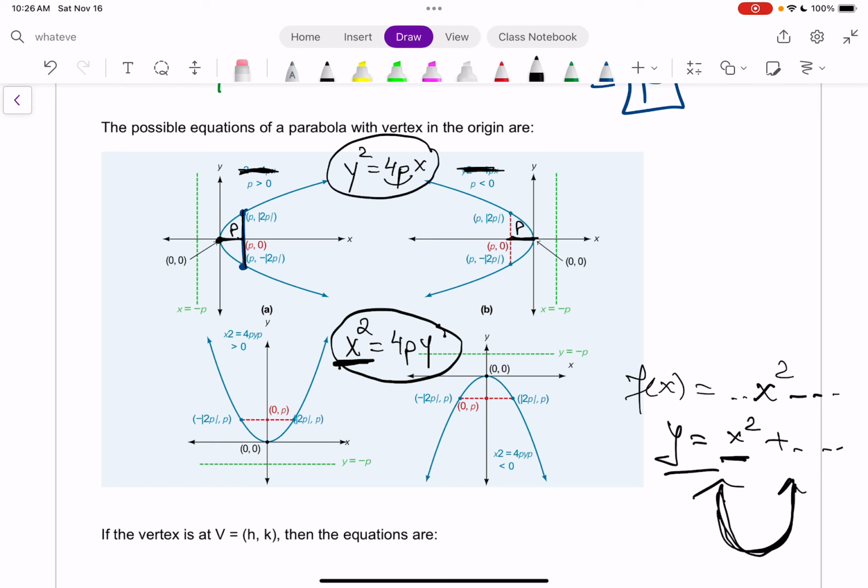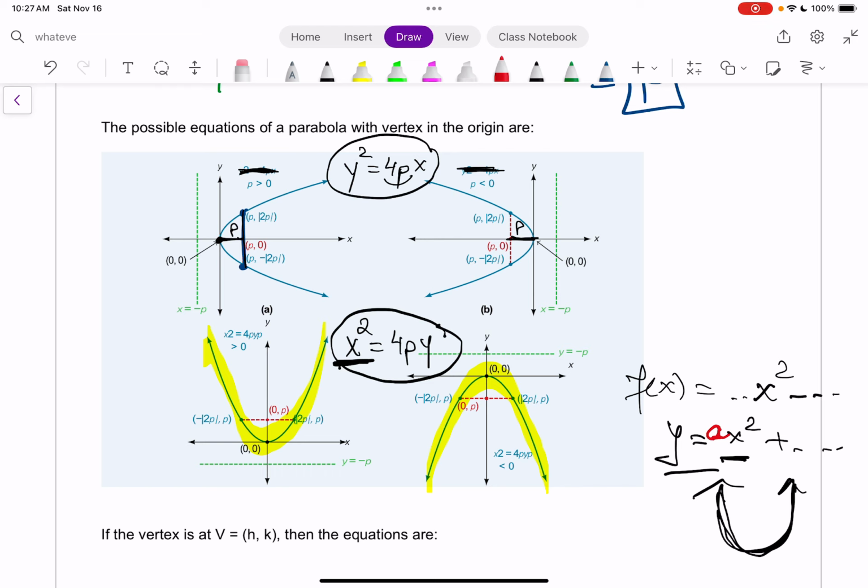If x is being squared, our parabolas are going to open either up or down. And of course, as you remember, when does a parabola open down? A parabola opens down if the coefficient of x squared is negative. If the a value in front of the x squared is positive, then the parabola opens up. If it's negative, then the parabola opens down.